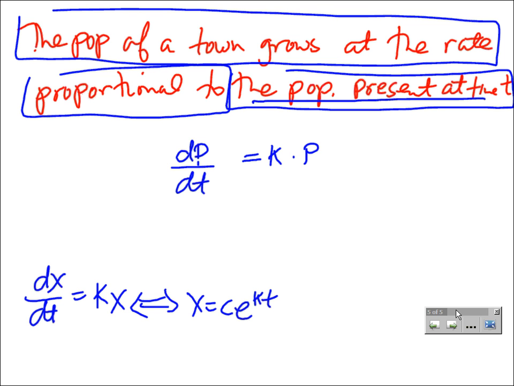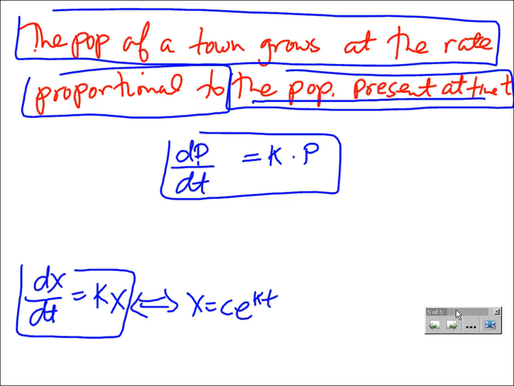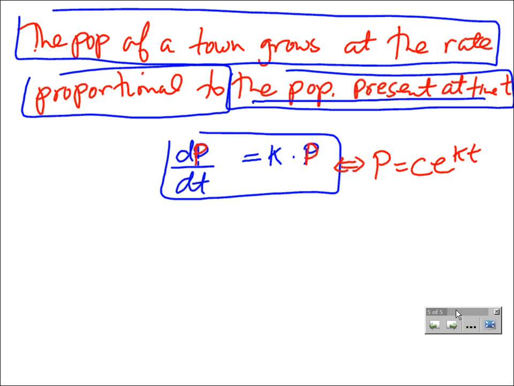The big difference here is instead of x, I have p's. So maybe instead of x, I should put p. This is the same as p is equal to c e to the kt. You want to use x's, use x's. If you remember the formula with x's, I personally would certainly use x's.